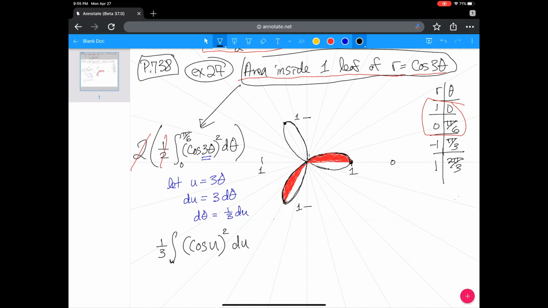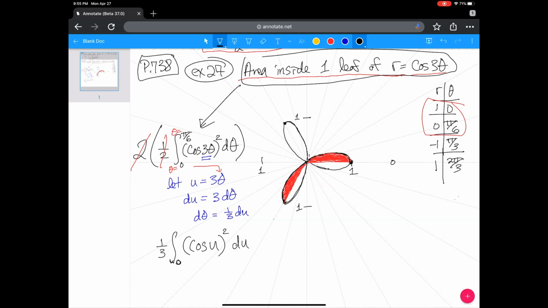So before, with my limits of integration, we had theta equal to 0 and theta equal to pi over 6. So when theta is equal to 0, 3 times 0 is 0, that means u will be equal to 0. So I still start with 0.